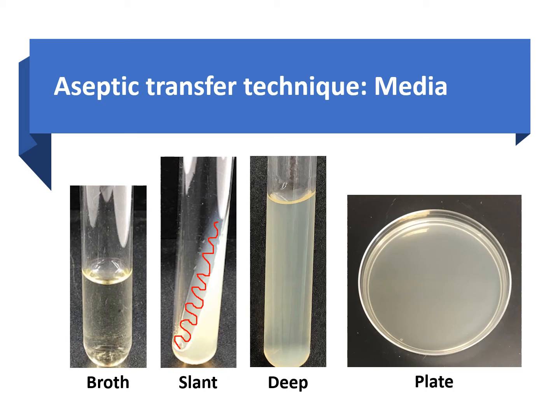With the deep, as I said, you use the needle and you stab it. Okay, so you introduce it by stabbing it. The plate, you use the inoculating loop, and again, you create that zigzag format like so.